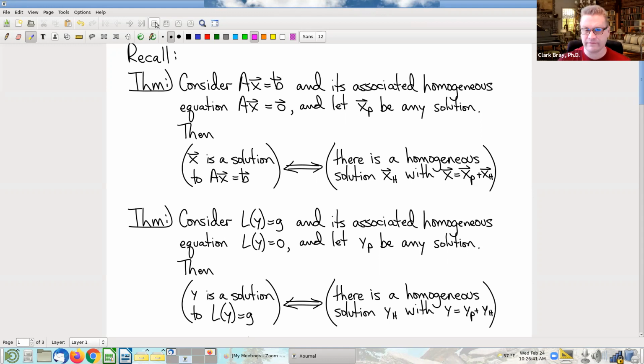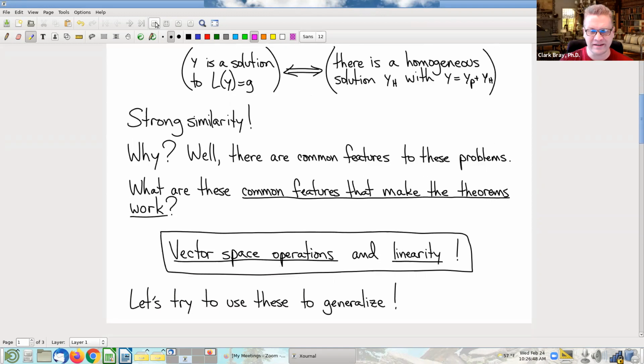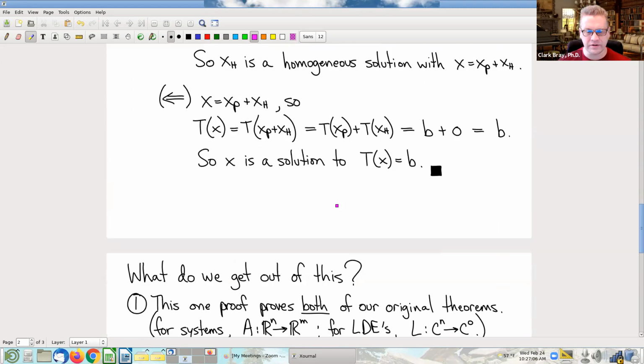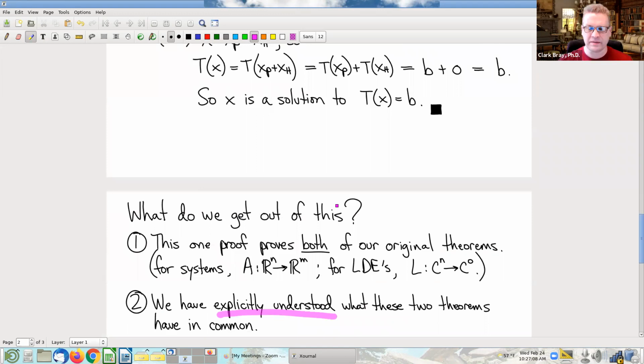We now have a very crisp and explicit understanding of what these two theorems have in common. They are both special cases of this same single theorem, a generalized result. You might say that this is a unification of those two facts. So that's good, right? To have an understanding of something that you previously only had sort of an inkling for.